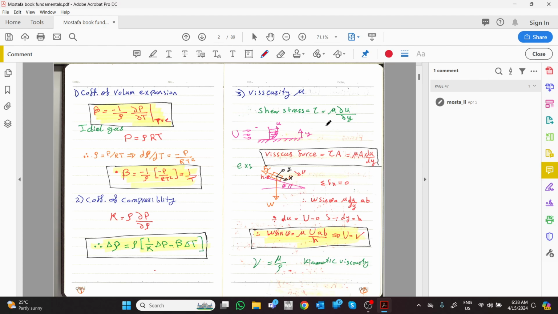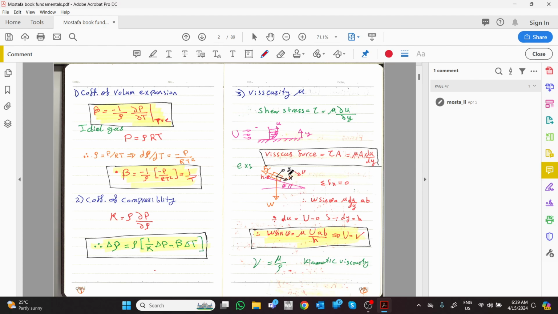Regarding viscosity, it is defined as multiplying the viscosity by the gradient of the velocity from the boundary layer. It is the shear stress. The shear stress force, it is what we have as an area multiplied by the shear stress, so we will end up having the viscous force.